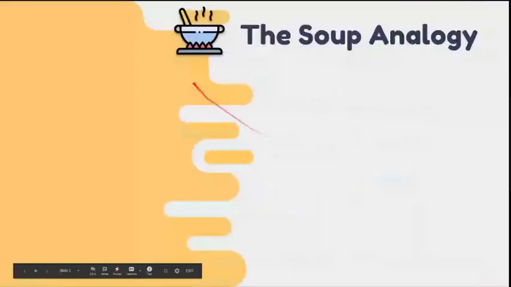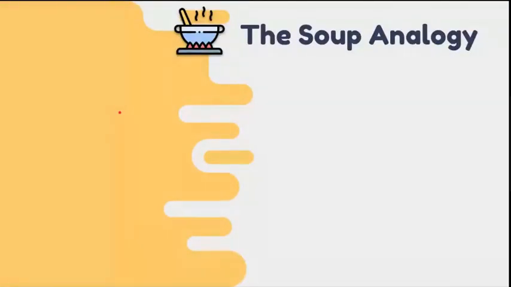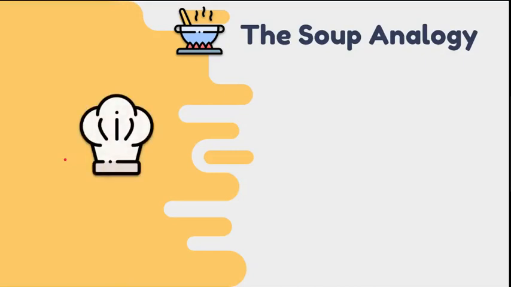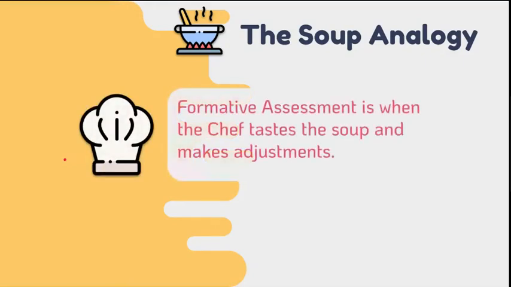Now, an analogy that I've always liked when trying to understand the concept of formative assessment and summative assessment, and those of you who've delved into e-learning, I'm sure would have come across this before, is the soup analogy. Formative assessment is when the chef tastes the soup and makes adjustments while he or she is making the soup. So in order to be able to make good food, it is vital that we taste as we go along.